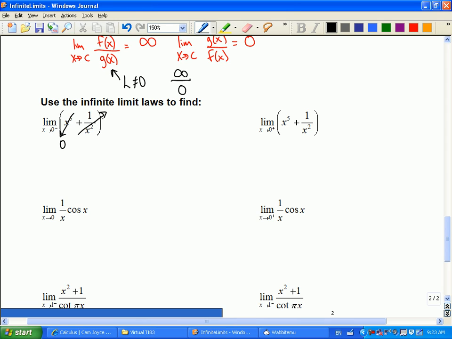You can use a number line if you really want to verify this, but let's use a bit of common sense here just to show you how it's not always necessary. What kind of number is on the bottom of this fraction? Is it a positive or a negative? How do you know it's positive? It's been squared. So because it's been squared, I know it's going to be a little bit bigger than 0. It's going to be a positive number. So 1 divided by a positive, that's going to be positive infinity. 0 plus positive infinity, that's going to be positive infinity.